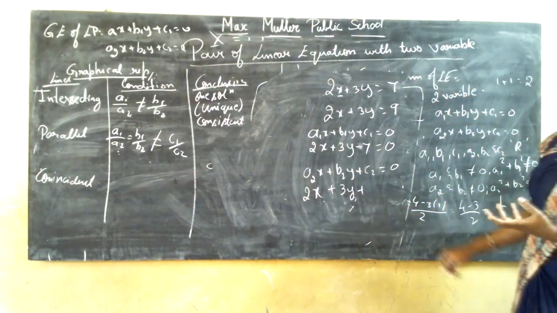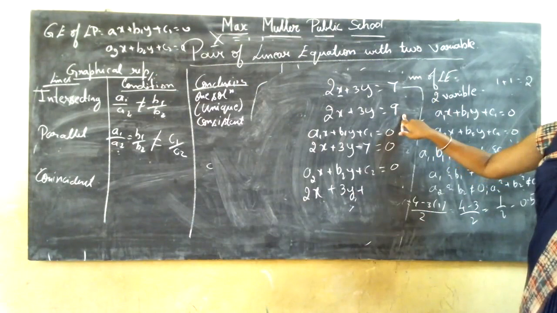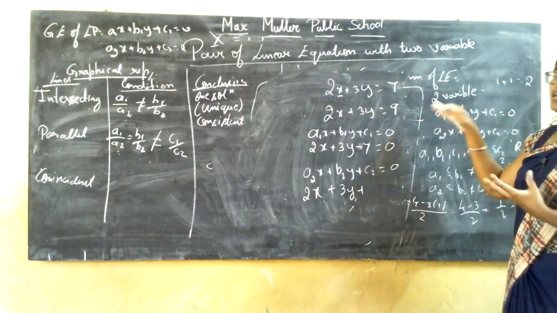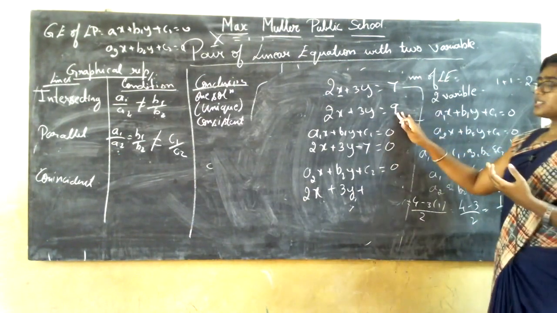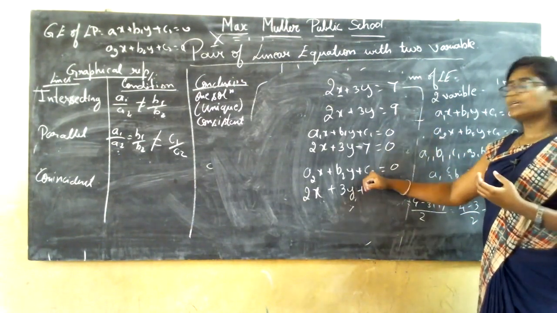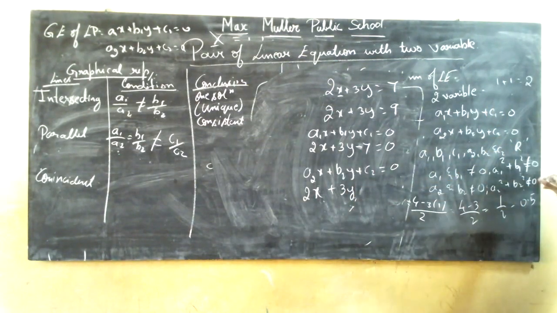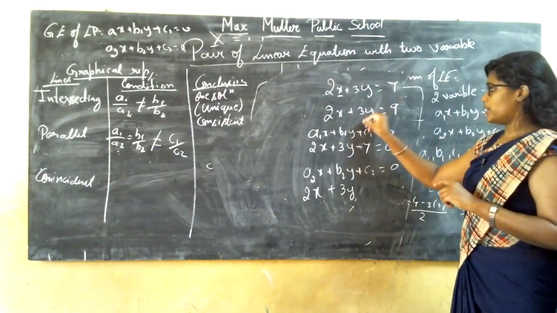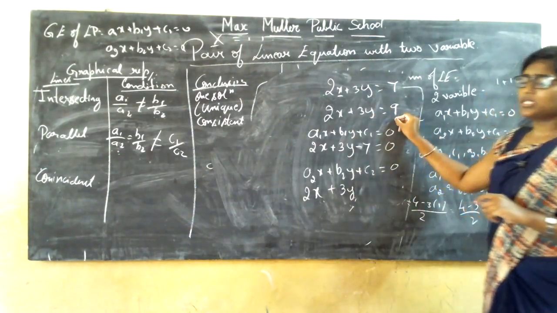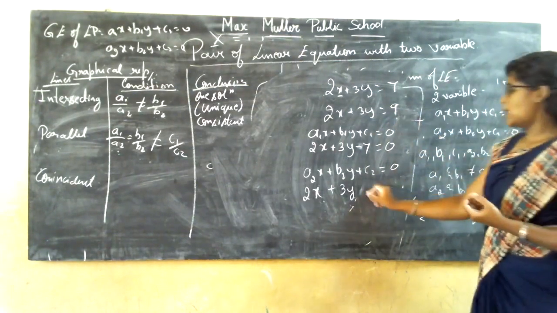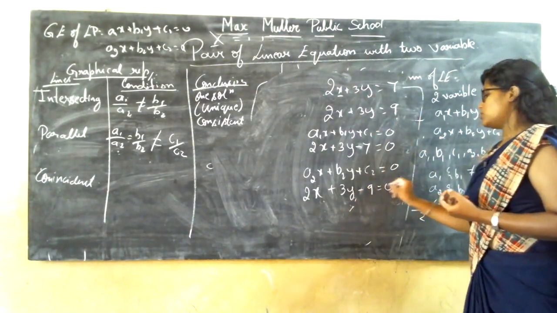The constant without any alphabets is called a constant, and it is represented with c2. That constant will always be on the right hand side. So if you shift it to the left hand side, what happens? This is plus 9; shifted to the left hand side, it is minus 9 is equal to 0.